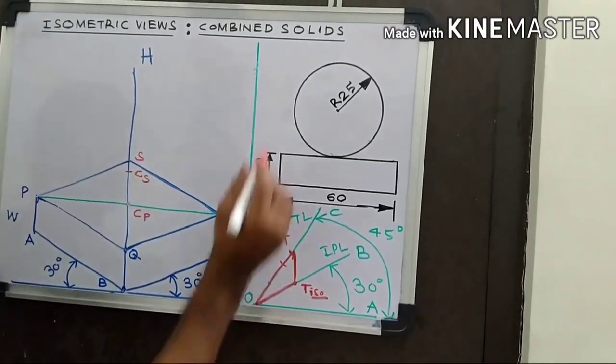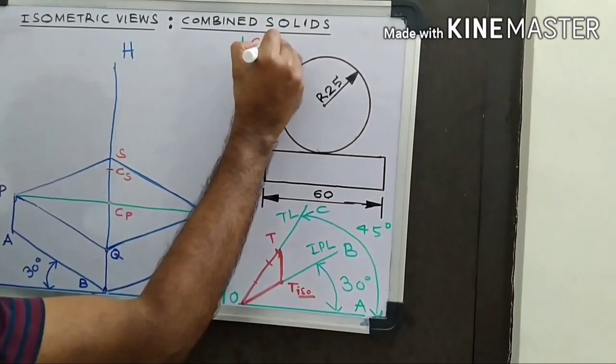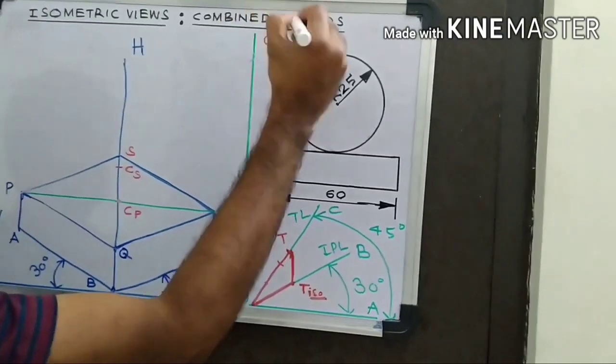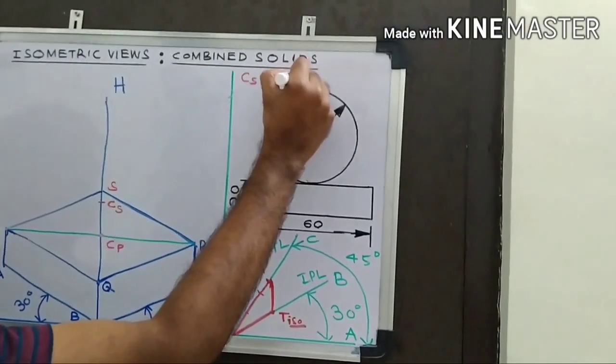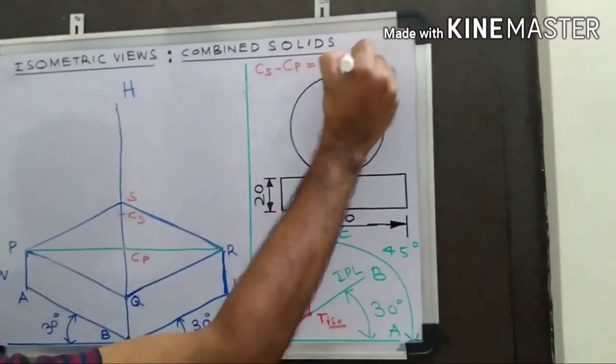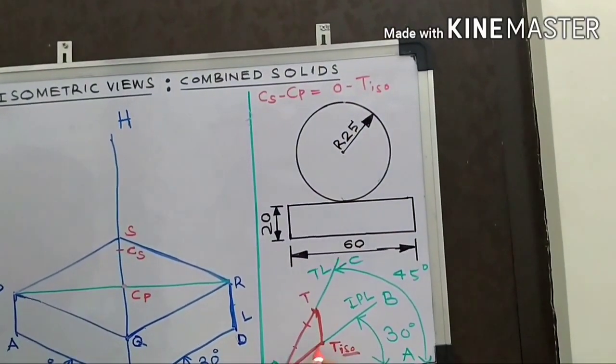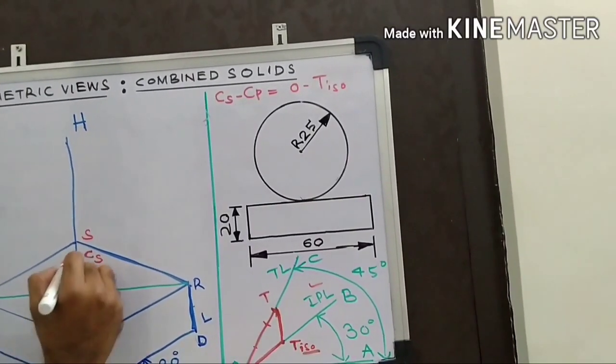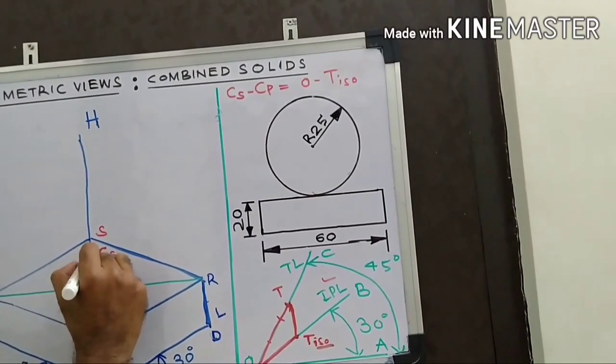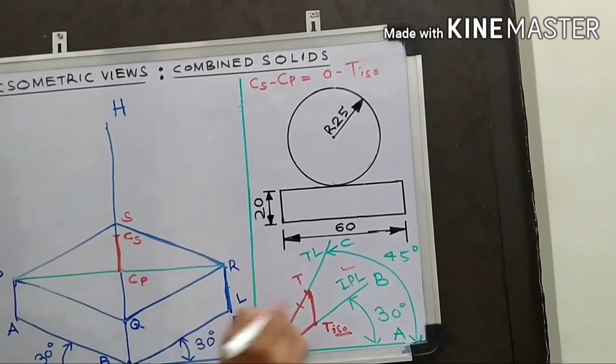Again I am telling, the CS to CP distance is going to be O T iso, the isometric projection length. Most important. This is the isometric projection length.